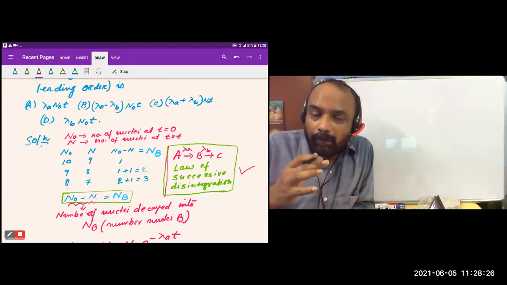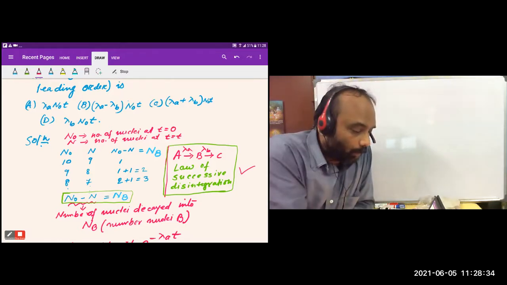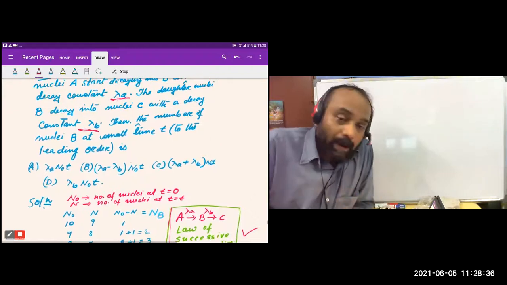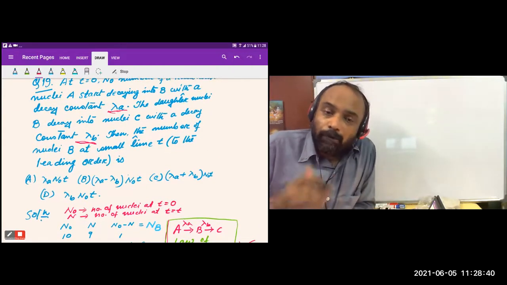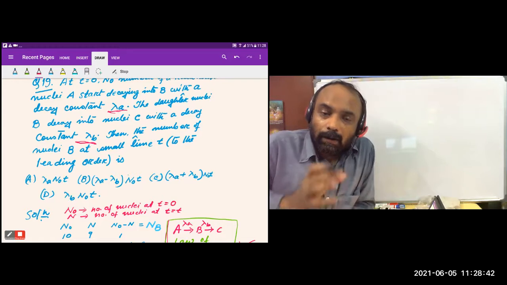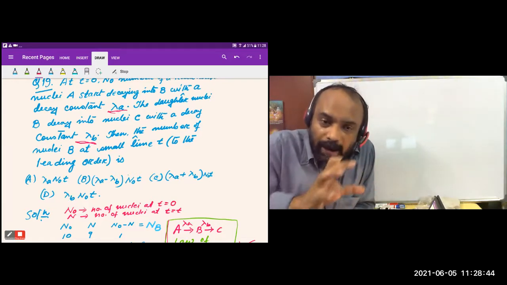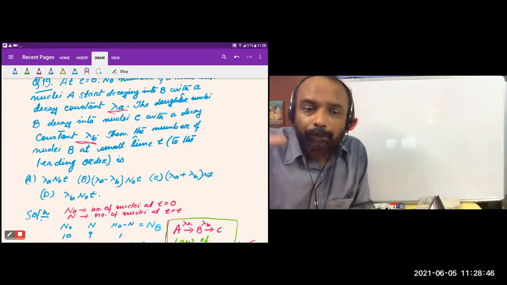If I only want to connect A and B, because our question says number of nuclei B at a small time t, therefore we just need to pay attention that A is decaying into B.